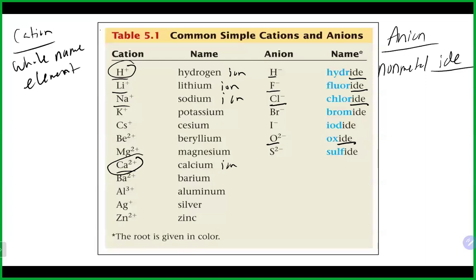Sometimes we drop a little more than the last part of the name, but it does end in IDE. You may also notice that hydrogen there is interesting. It is the only element that can go both ways. It can be positive or negative. Probably 99% of the time hydrogen is going to be positive, but it can be negative if it comes after a metal.